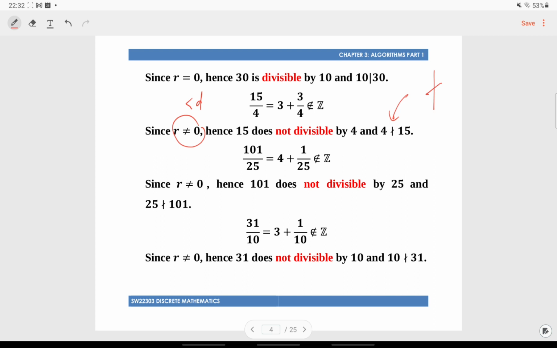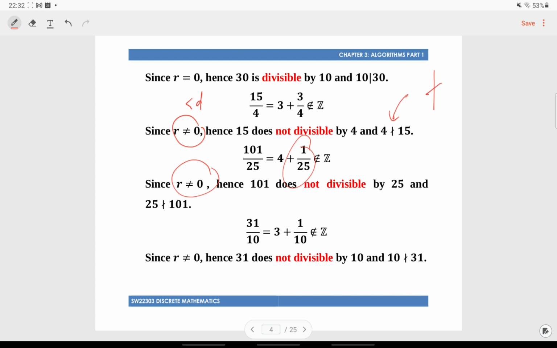So the value is greater than 0 but less than 1. Since the remainder is not equal to 0, we can say that 101 is not divisible by 25, and so we can say that 25 does not divide 101.